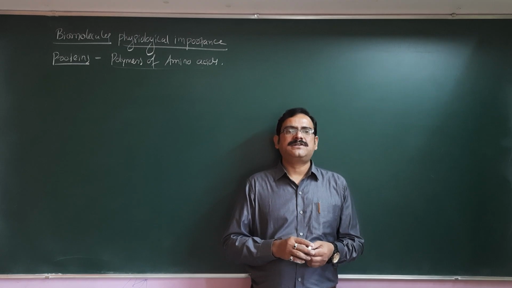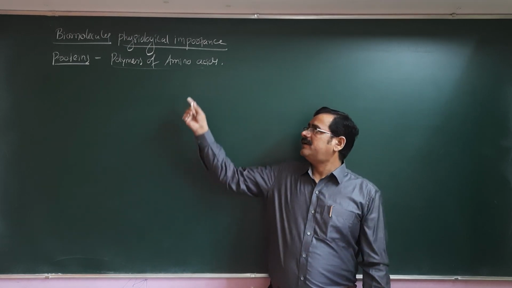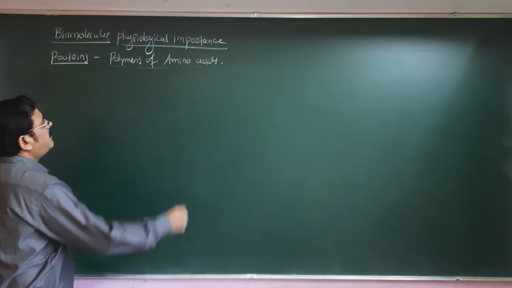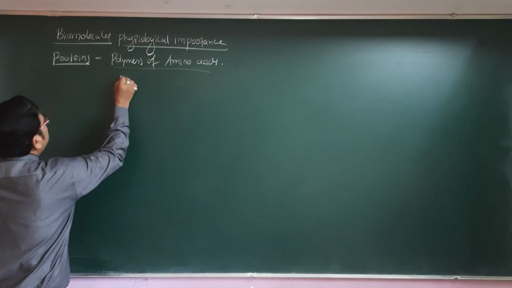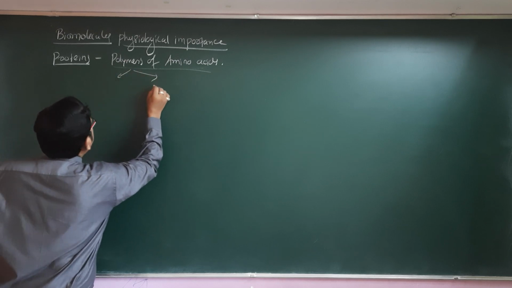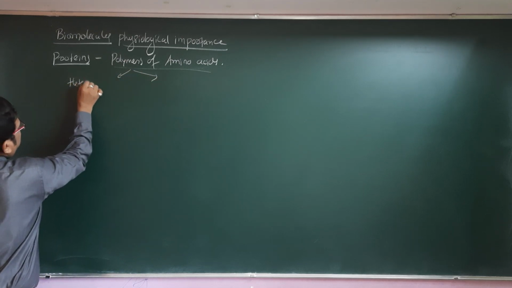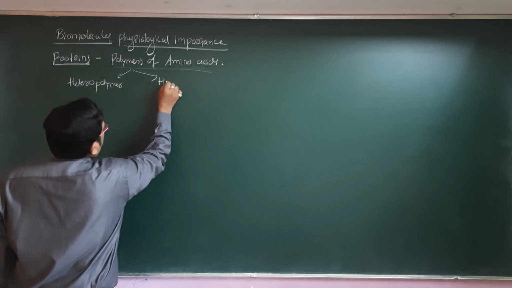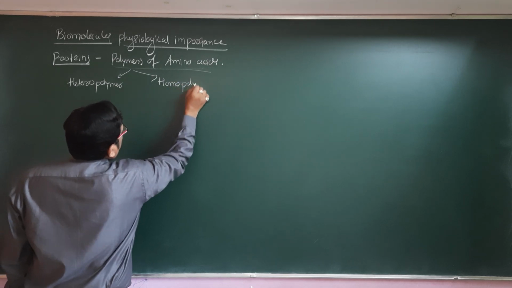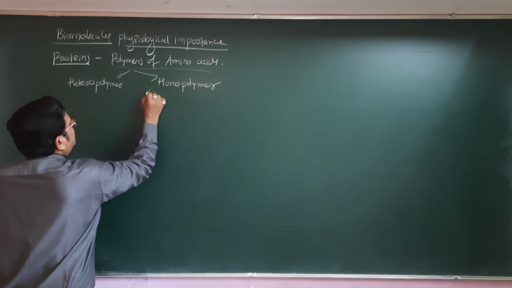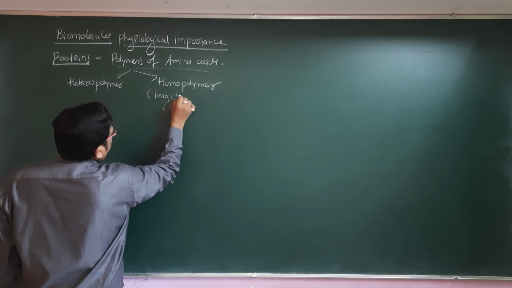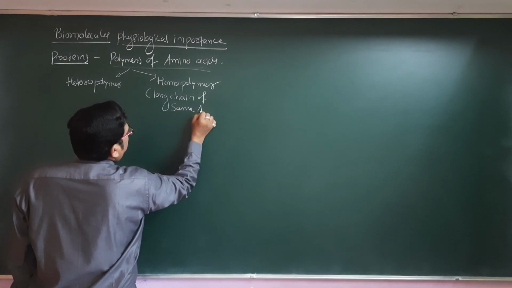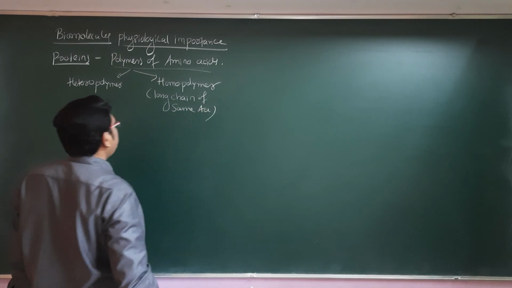When we talk about the structural aspect, a protein is a polymer of amino acids. When it is called a polymer, it can be a homopolymer, a long chain of similar or the same amino acids, where AA means amino acids.